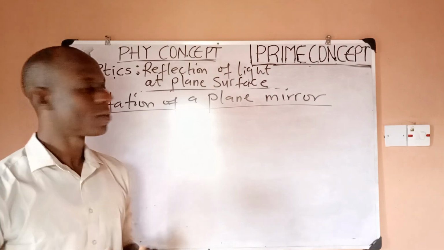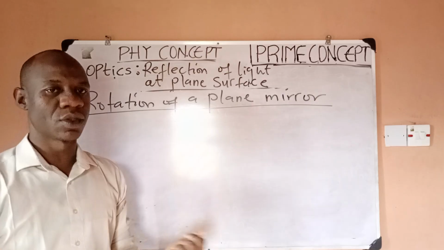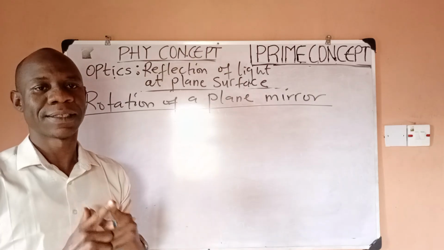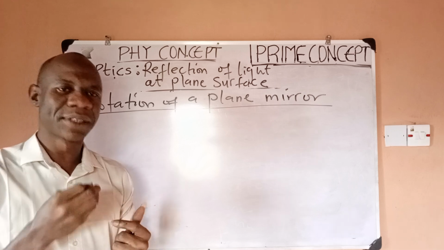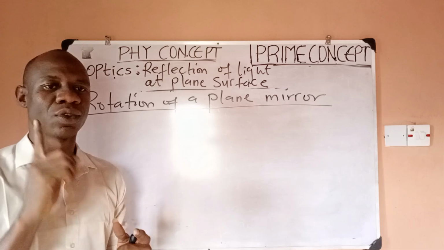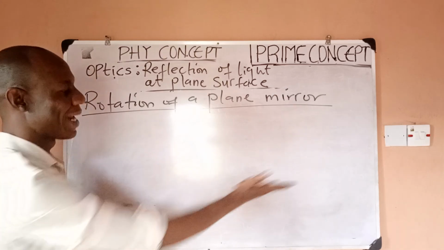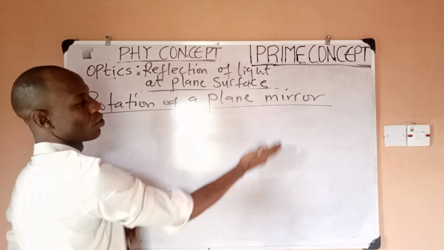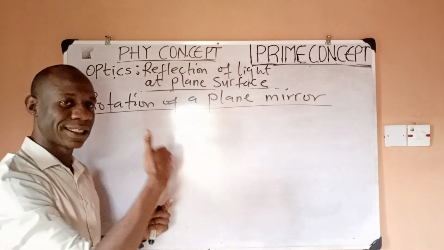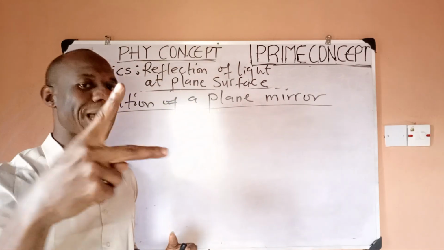The concept says that if a plane mirror is turned or rotated through an angle theta, then the angle of reflection would be rotated or turned through 2 times theta. If you have a plane mirror aligned a certain way, and you rotate or tilt it at an angle theta, the reflected ray would also turn through 2 times that angle theta.